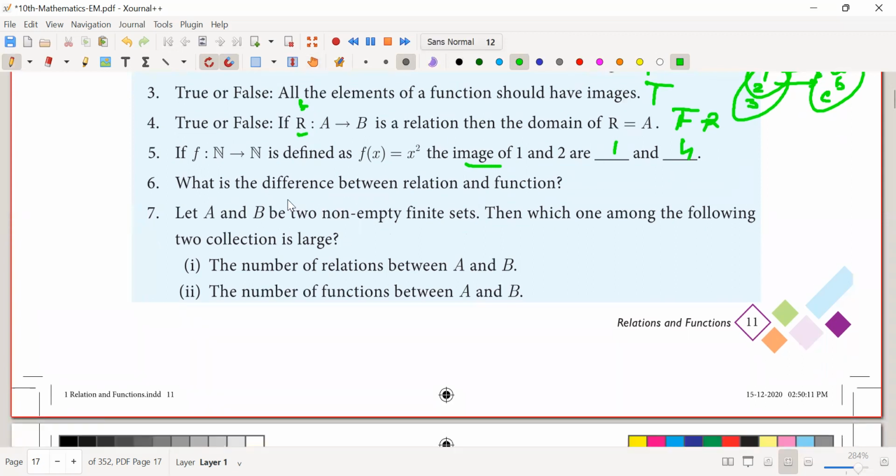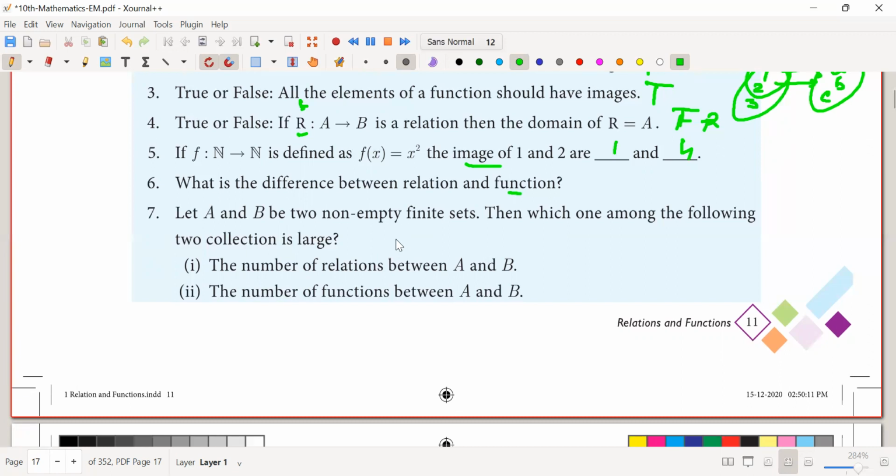What's the difference between relation and function? In a relation, the domain doesn't have all the components in the set. In a function, each and every component has an image, but in a relation, it doesn't. All elements of A should be mapped with exactly one element of B in a function.